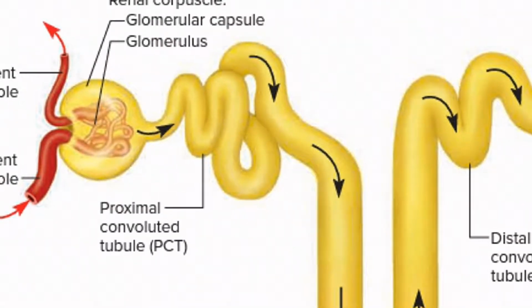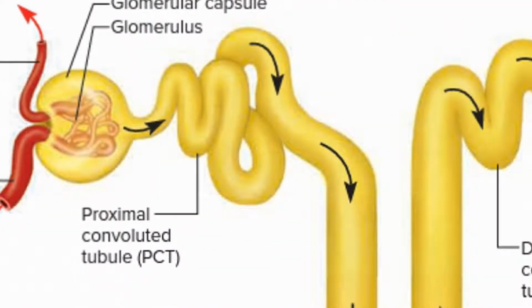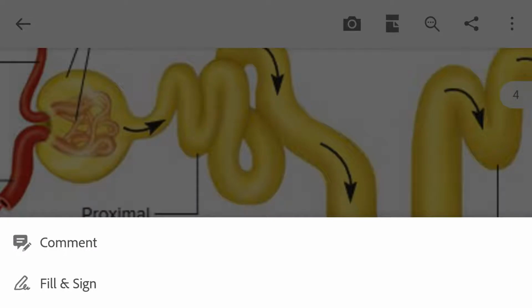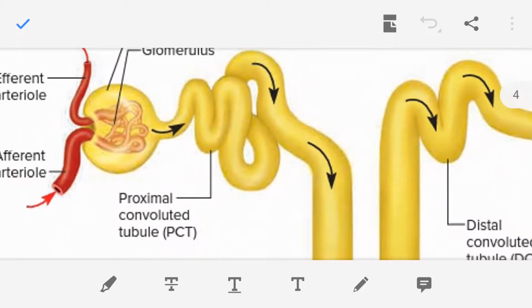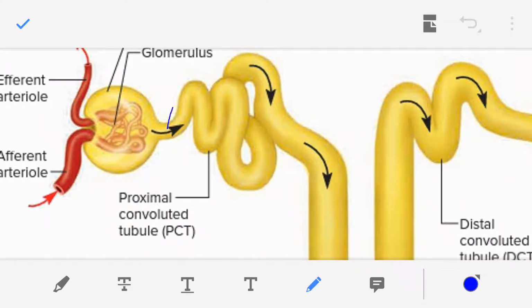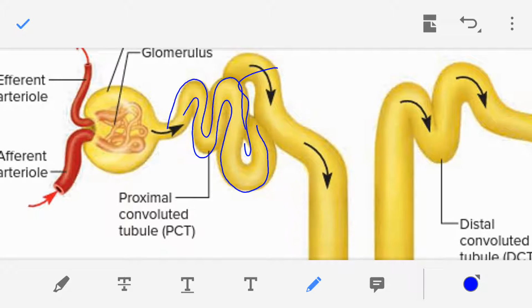The portion of the tubule which is very close to the renal corpuscle, this part, is known as the proximal convoluted tubule, in short PCT.